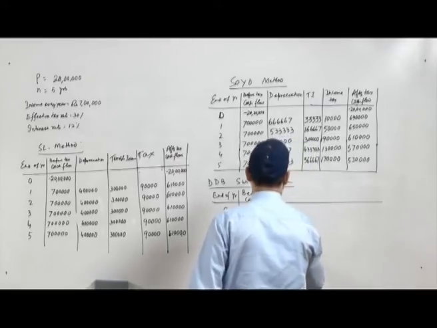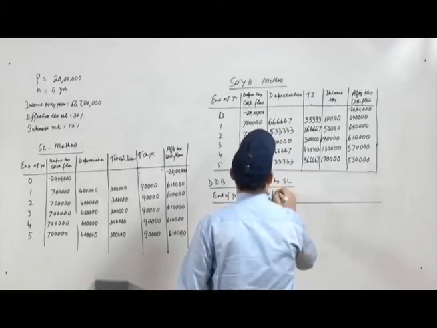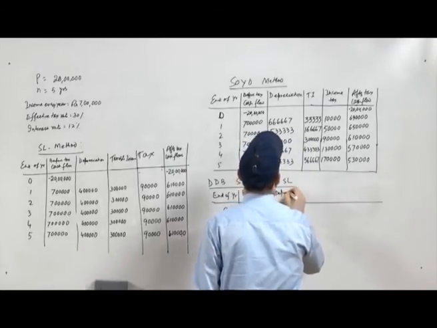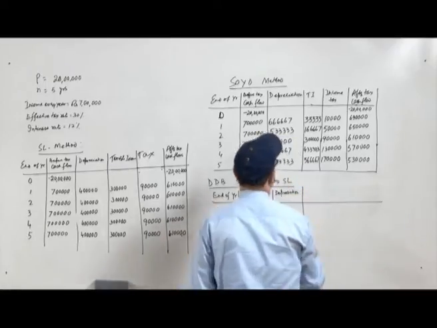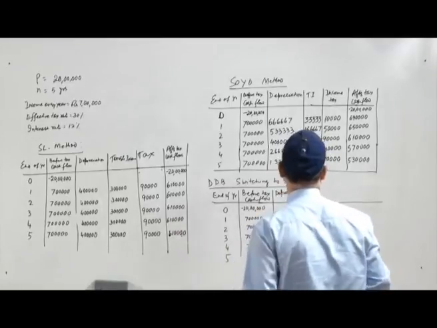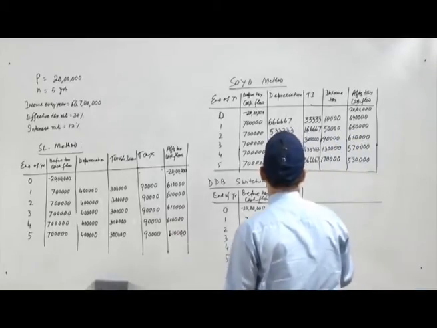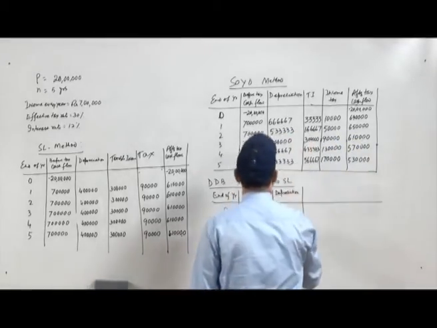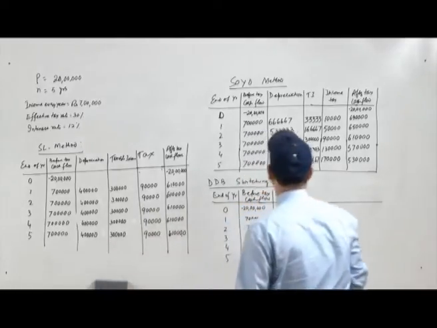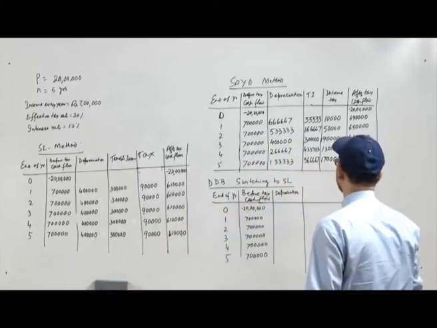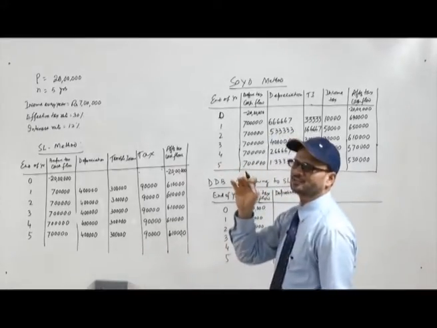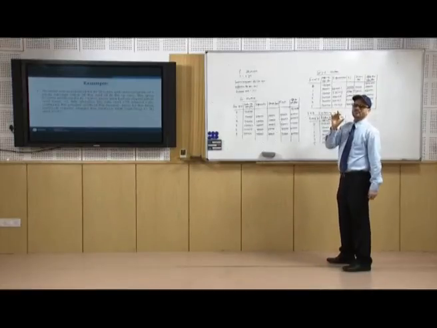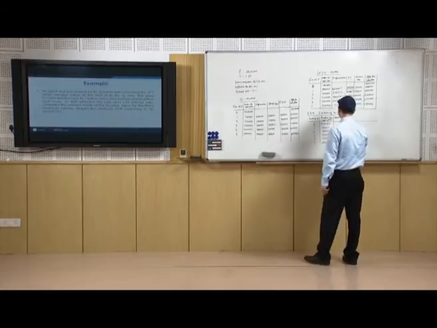Then you have the depreciation. In the first year, if you are using the double declining balance, the rate of depreciation is 1 by 5 into 2, so 40%.